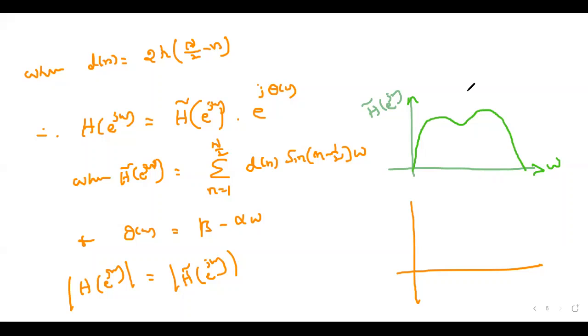Since here there is no negative portion, this will be the same as this one. In the previous cases, we got some negative portion in the h cap of e power j omega, that was converted into the positive side for the magnitude of h of e power j omega. This is about the magnitude frequency response of linear phase FIR filters.